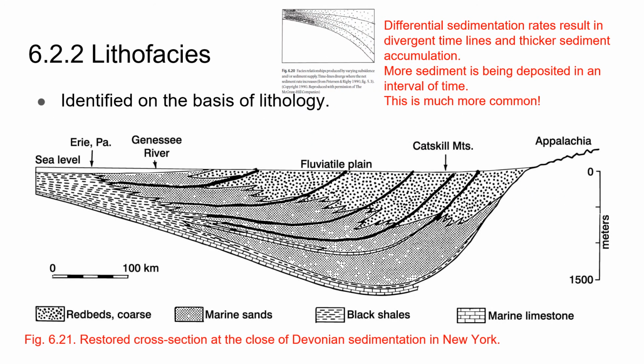Here's an example. If we look at the restored cross-section of the Catskill Delta from the Devonian of New York, you can see we've drawn in our timelines, and they vary in thickness from one side to the other. They vary in thickness in between each other. And notice also that our facies are blending from one kind to another, I don't want to say inconsistently, but each timeline is kind of doing its own thing.